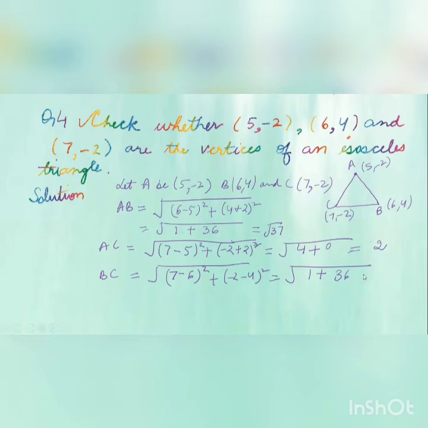So it is under root 37. Now you can see AB and BC are equal. Two sides AB equal to BC, so you can say that they are the vertices of an isosceles triangle. So triangle ABC is an isosceles triangle.